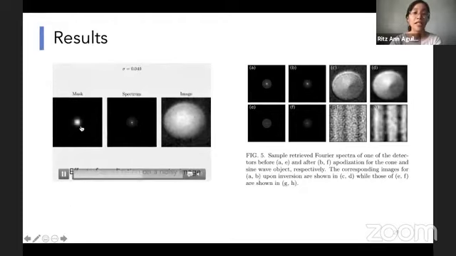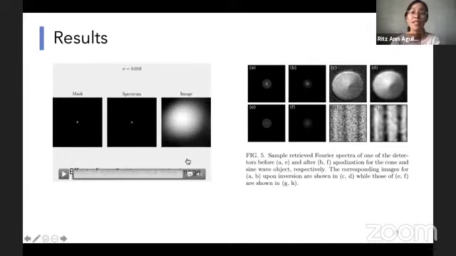So here, as you can see, as sigma reduces, the radius of the Gaussian mask, of course, reduces as well, and we see that the reconstructed image by the LDR now has a better, higher signal to noise ratio.